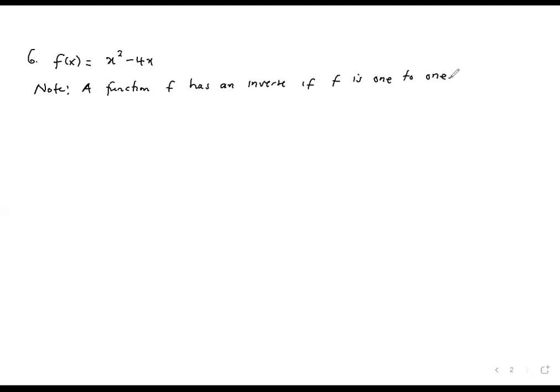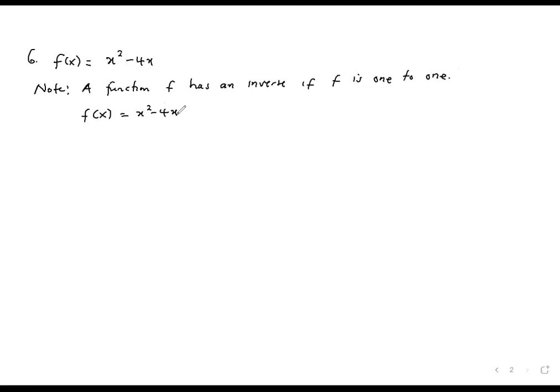But if you look at f of x is equal to x squared minus 4x, we need to check if it is 1 to 1. Because looking at it here, you can see that you can't easily solve for x. There'll be so many issues if you try to solve for x here.